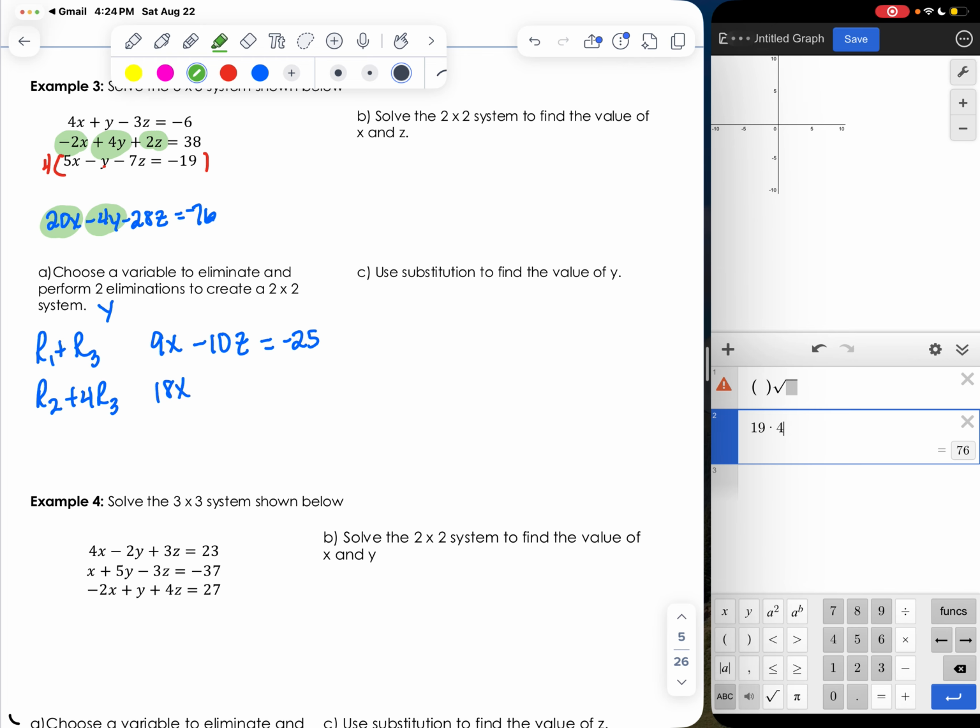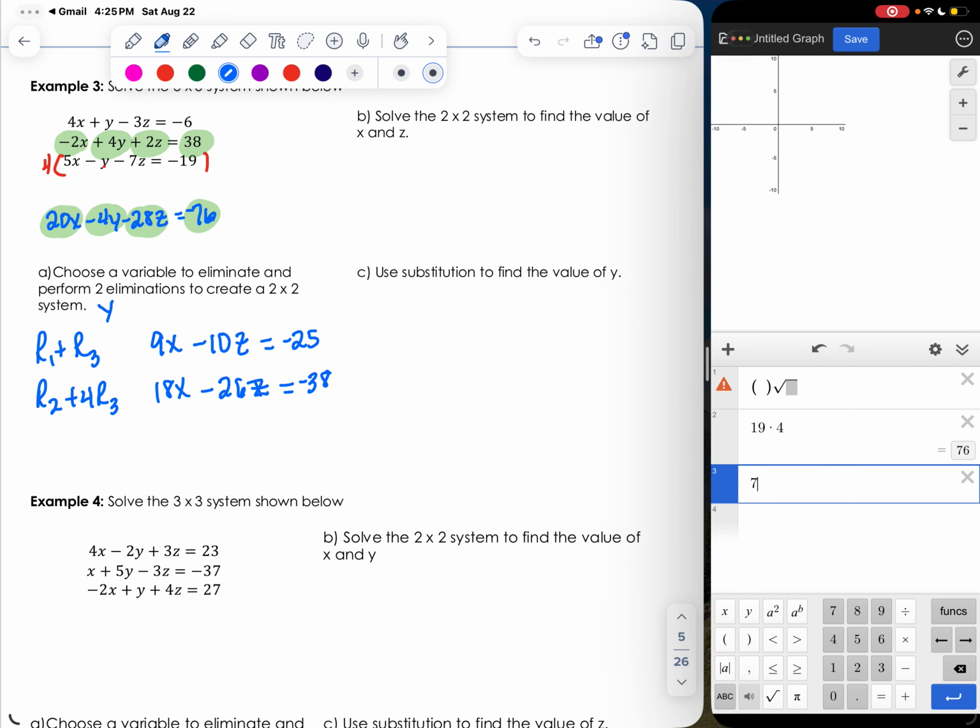Then I'm combining 2z with negative 28z, so that would give me negative 26z equals, and then I'm combining 38 with negative 76, so that would give me negative 38. Just let me make sure, 76 minus 38. Yes. All right, now I have eliminated the y's from this problem.